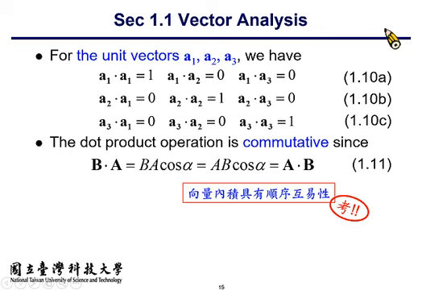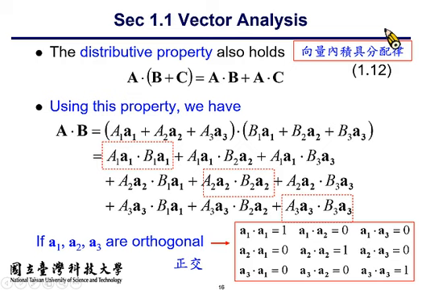And down below is the property about dot product. So here you see B dot A equals A dot B. So this property is referred to as the commutative property. So you can change the order of the two vectors involved in the dot product, and the result is the same. So dot product has the so-called commutative property, which is not true for cross product.